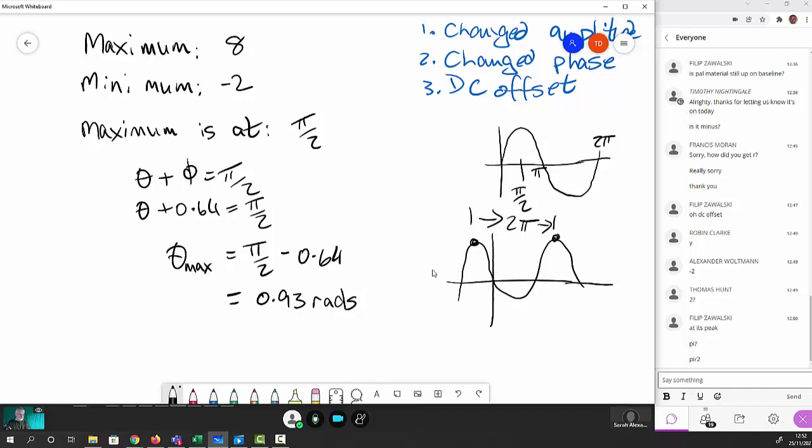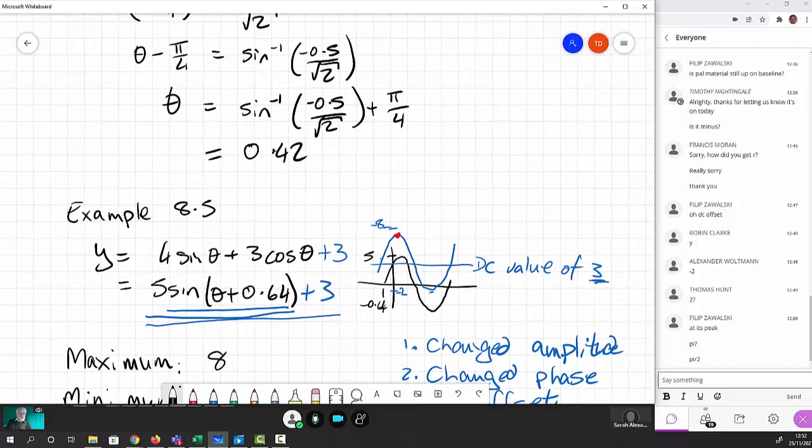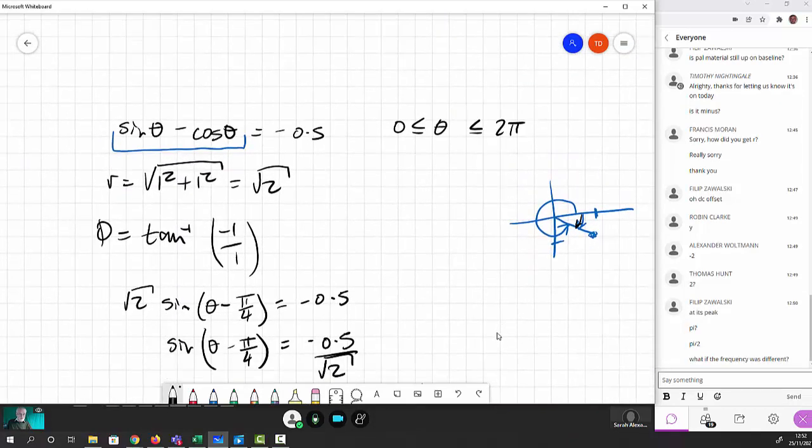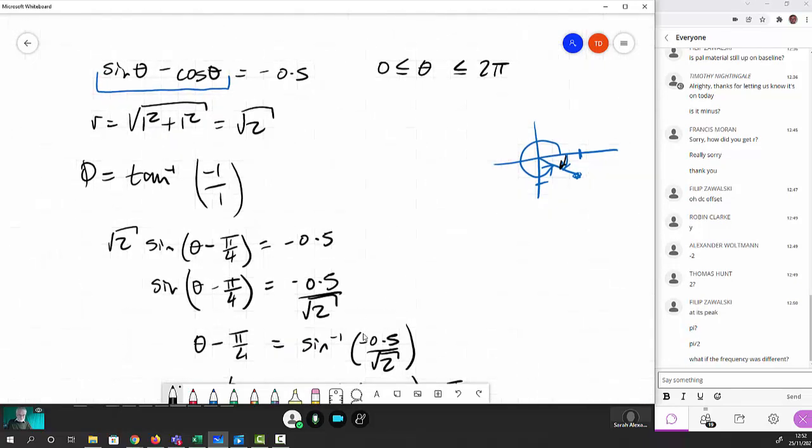So if it says give the answer between 0 and 2 pi, which we did on this first one, and you got a negative value, then you would just add 2 pi to it to move to the next wave, and then you'd find the next one.